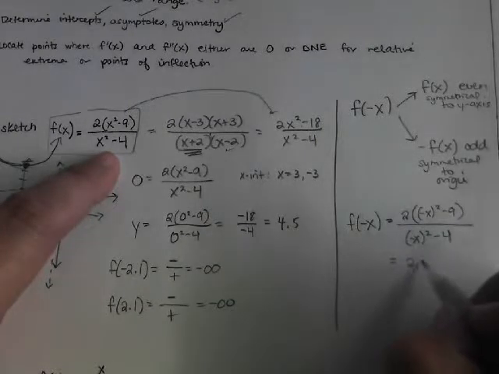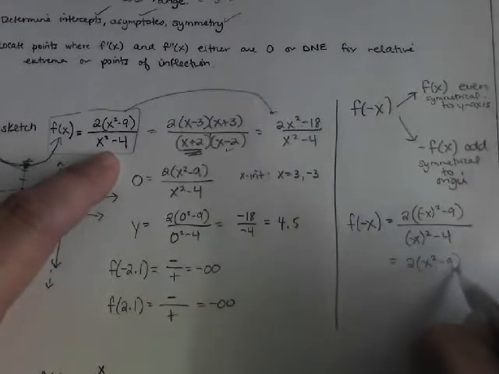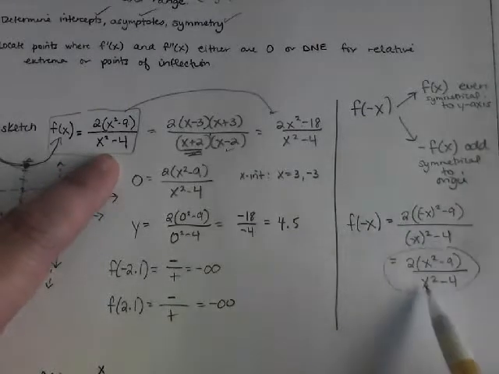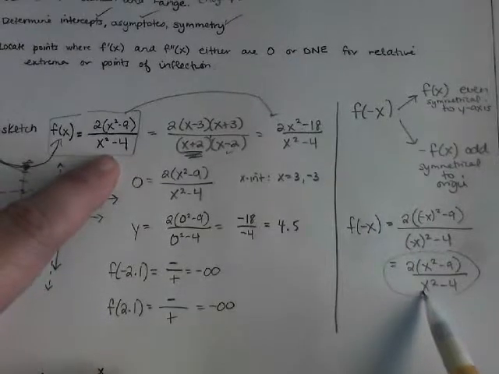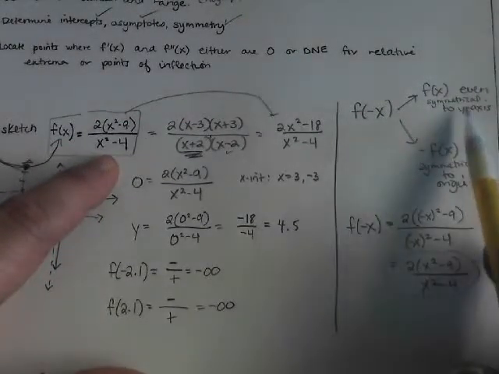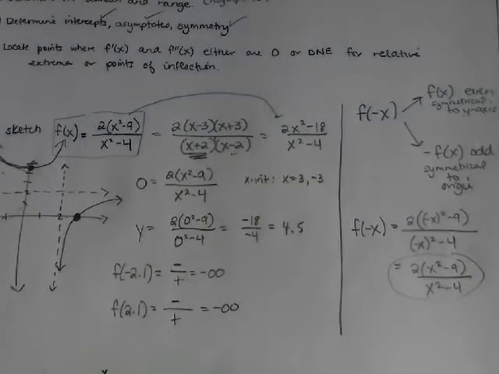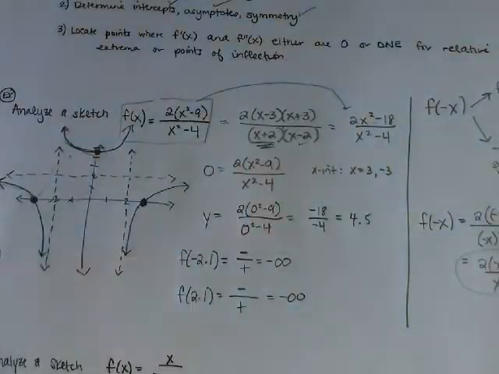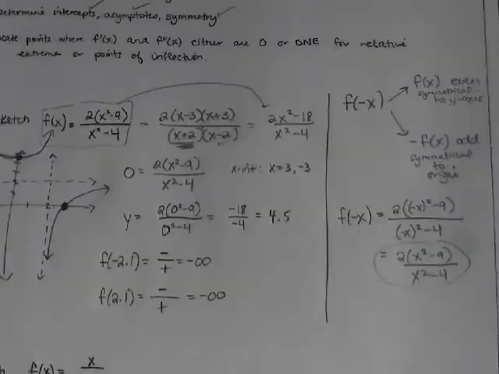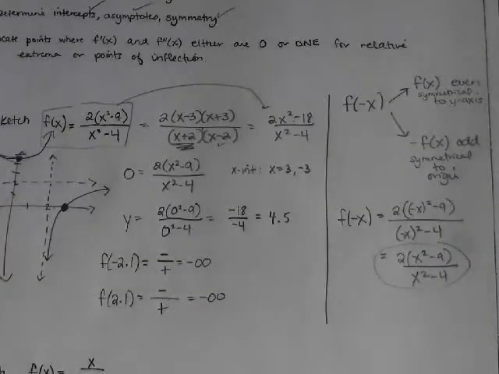And so this function is an exact match to the original once I clean that up. And because it's an exact match to the original, it's even, and we know that this graph should have been symmetrical to the y-axis, which, of course, it was and made sense. We didn't use that idea to draw the graph, but we certainly could have.